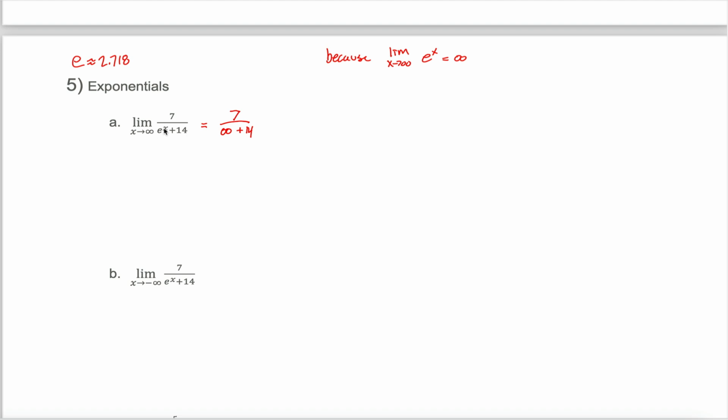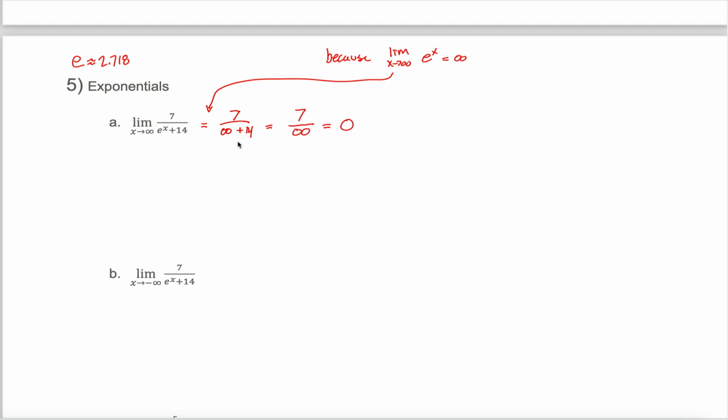I'm going to replace this e to the x power with this infinity symbol. Again, it's not proper notation, but hopefully you understand what I'm saying here. This limit acts like 7 divided by some infinitely large number plus 14. Well, an infinitely large number plus 14 is just some other infinitely large number, so this is just equal to 7 divided by infinity, loosely speaking, and when we have a constant divided by a number that gets arbitrarily large, the value of that expression approaches 0.